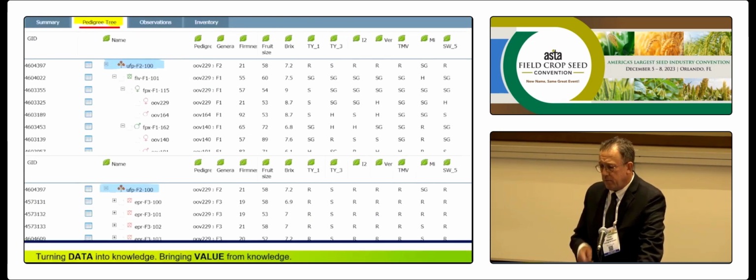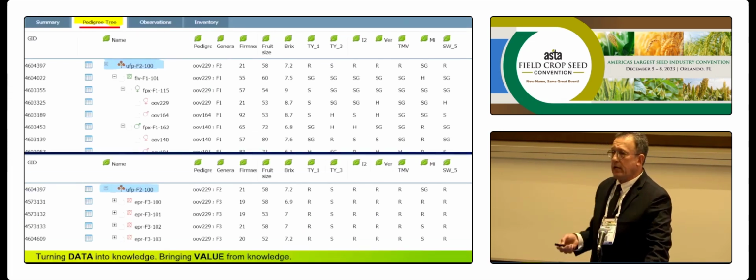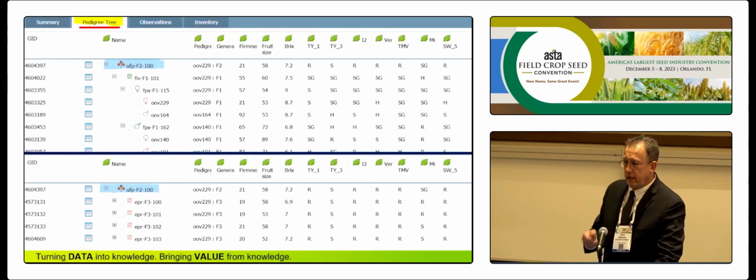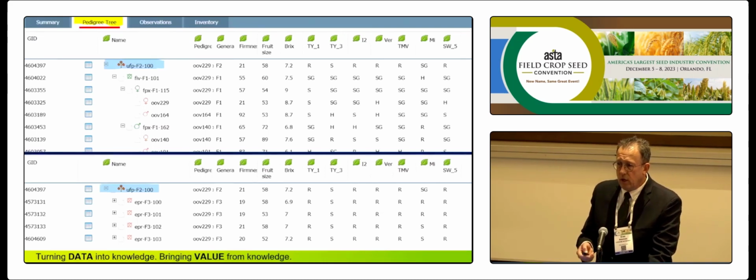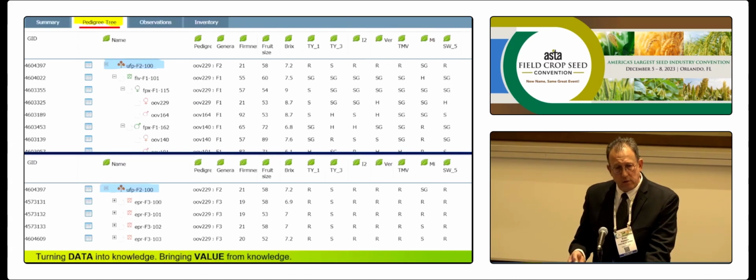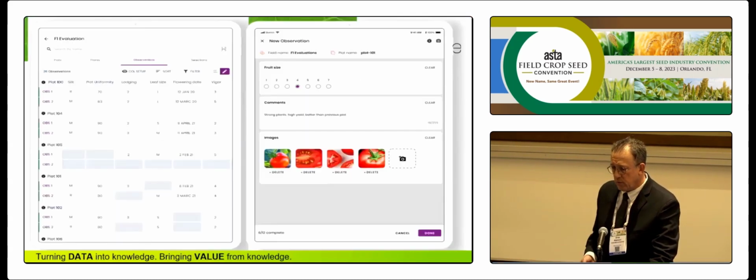This is the same pedigree tree, only in the format of a table, where above the line are the ancestors, below the line offspring, and you can see advancements of the traits from generation to generation.